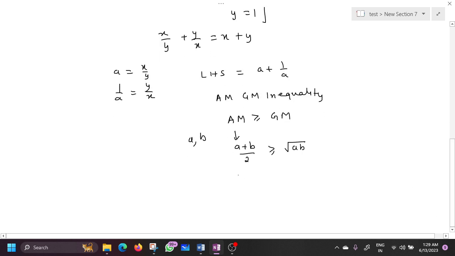And now let us put our two values, one is a and the other is 1 by a, in this inequality. So I will get a plus 1 by a is greater than or equal to 2 into root of a into 1 by a. So this gives you a plus 1 by a is always greater than or equal to 2.